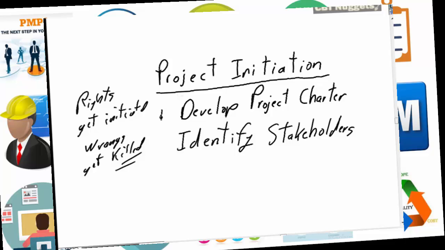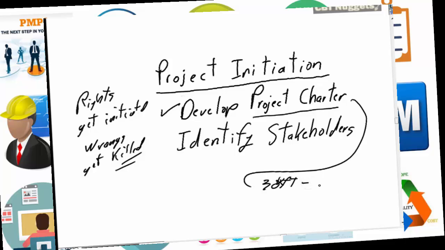Project Initiation's key deliverable is the project charter. The project charter provides the 30,000 foot level of the project. It's the high-level statement of the scope, the high-level statement of the budget, the high-level statement of the schedule, the high-level statement of the assumptions and the risks and the constraints.